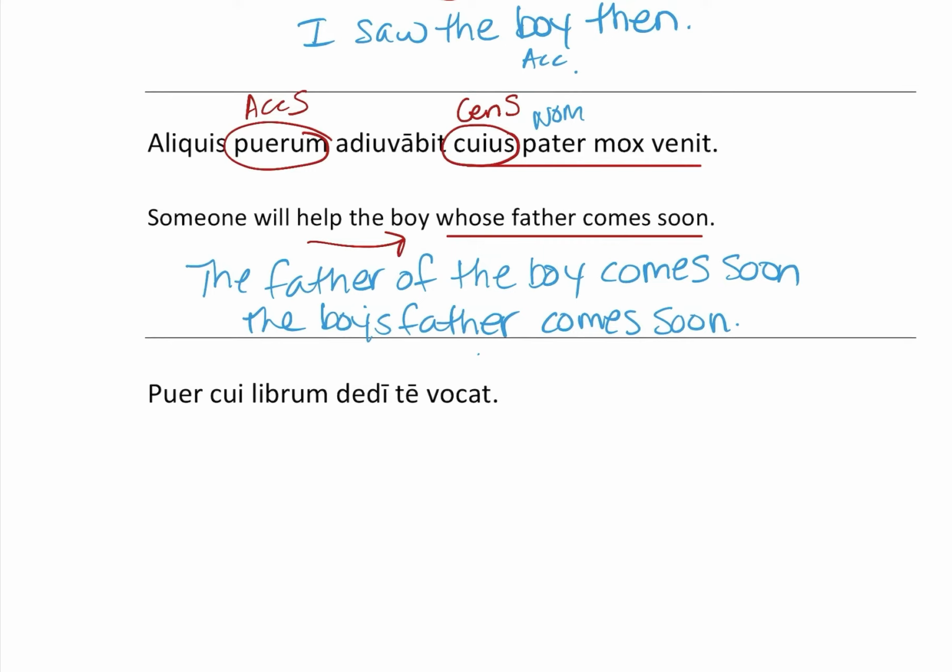All right, next one. Puer cui librum dedi te vocat. All right, so cui is the relative pronoun here. What is the whole phrase? If you take a look, we're going to go all the way to the verb because it has to have a subject and it has to have a verb. Okay, so puer is nominative, singular.